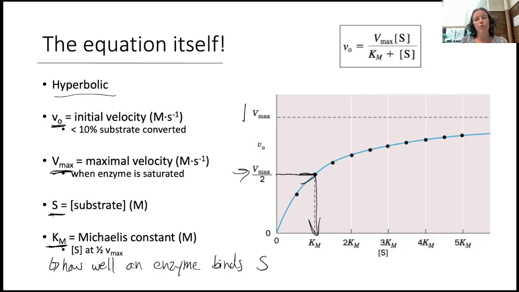And with Km, we'll think about a very small Km as being the enzyme binds well, or the enzyme binds tightly to its substrate, whereas a large Km is an enzyme that binds poorly or weakly to its substrate.